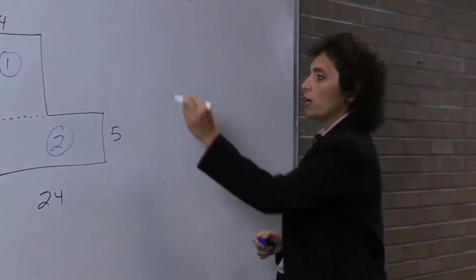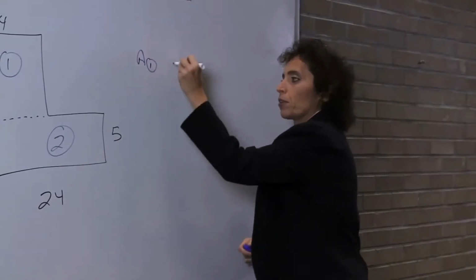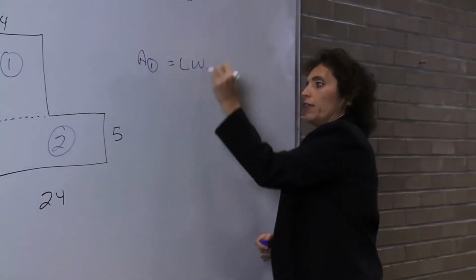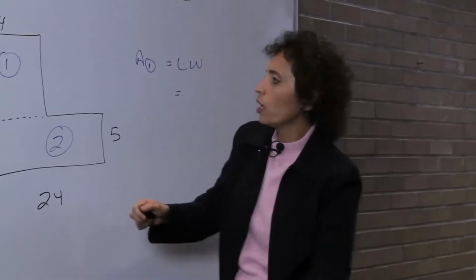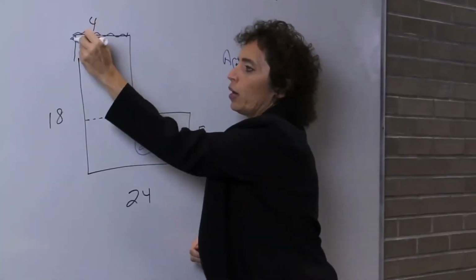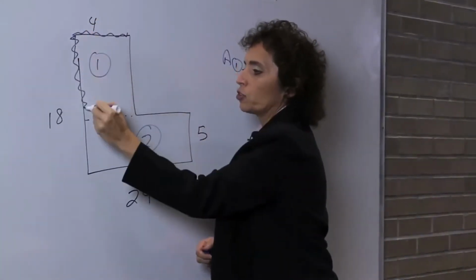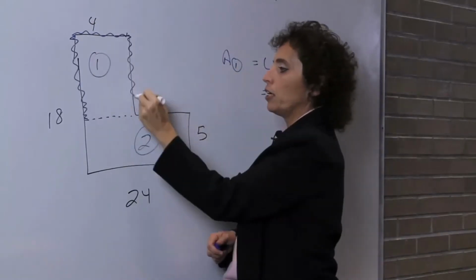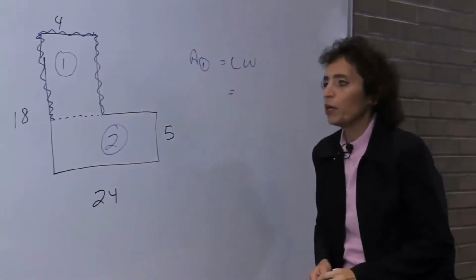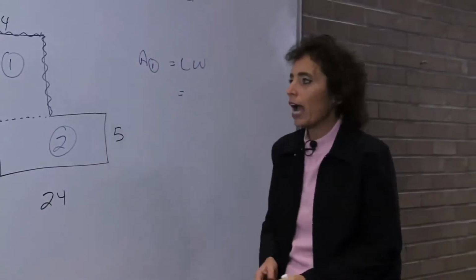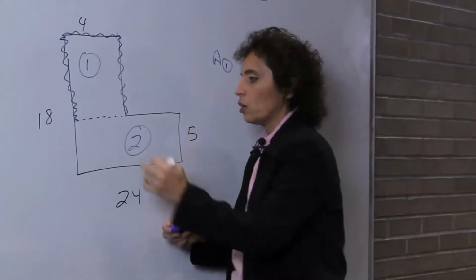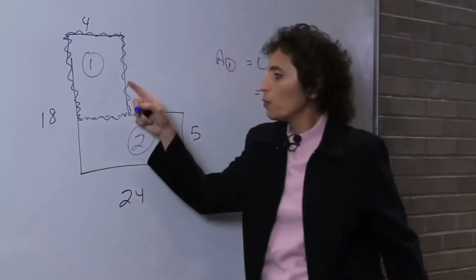So I'm going to find the area of the first rectangle. Okay, remember rectangles are length times width. So we know this is 4. Now we need the width of this rectangle. So we know that we need the distance from here to here. That's the width. I'm claiming we know that. Okay, let's talk about how we know this distance. We know this is 4, but I'm claiming we know this.